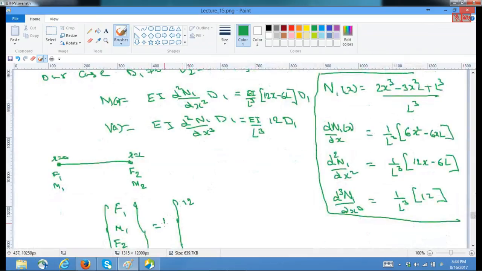I will write EI by L cube outside, EI by L cube 12, and when I substitute at x equals 0, my M would get as minus 6L, and when I substitute this again, it would be the same thing.